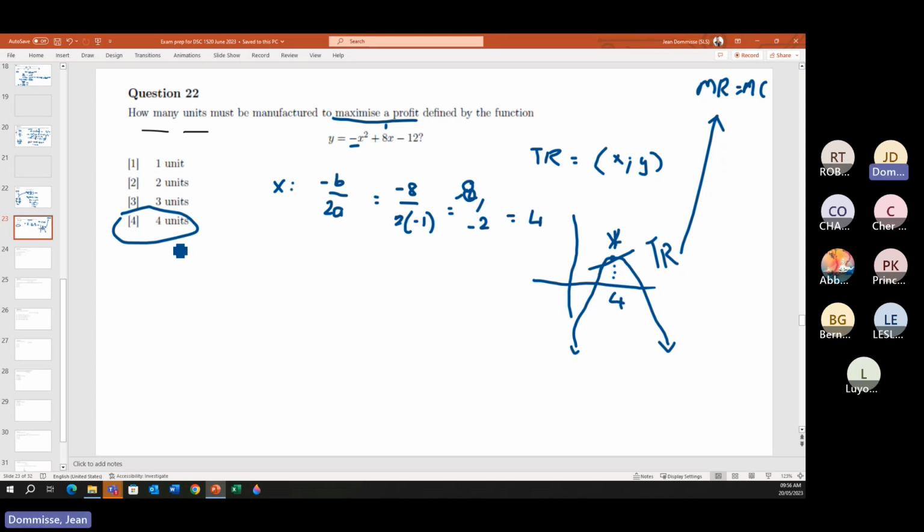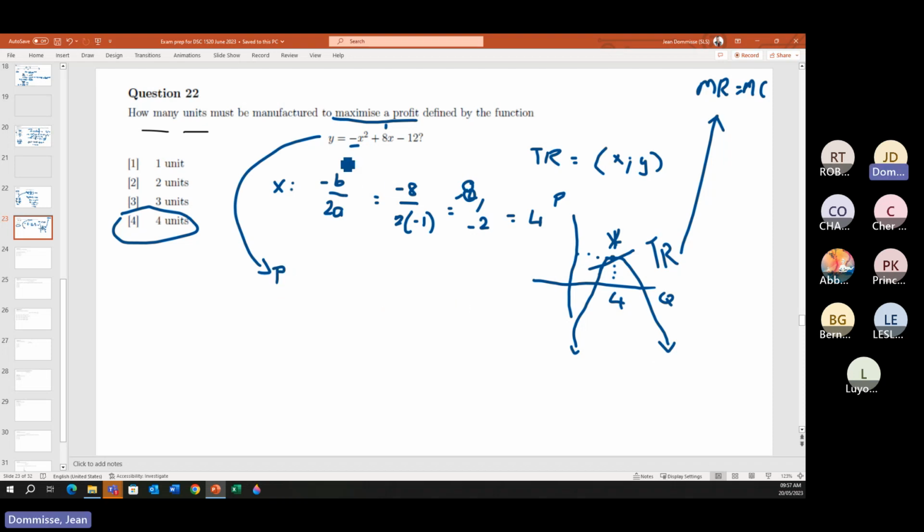So they're asking you how many units, the quantity. They're not asking you the price, but if they needed to know at what price, you could have put that four back into your formula to get to the price point as well.